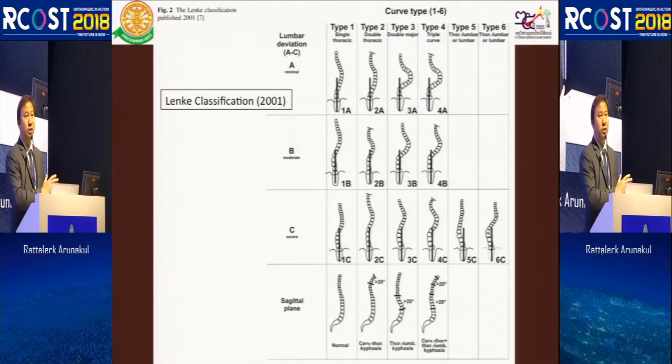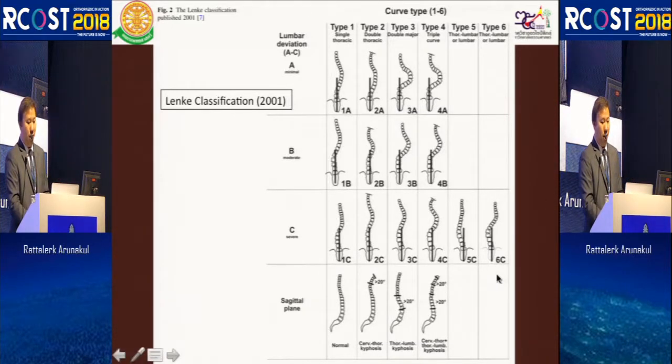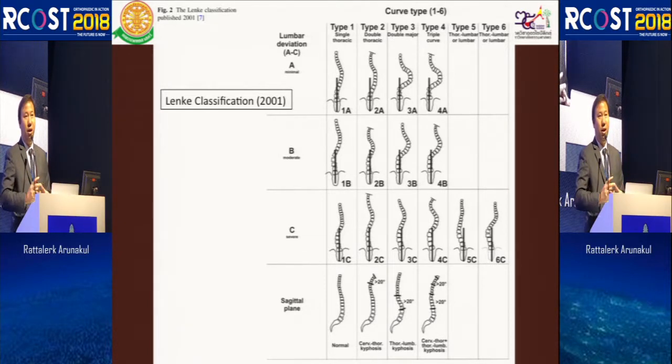You have the main thoracic, upper thoracic, and thoracolumbar/lumbar curves. They then use the sagittal profile in the classification, and also the lumbar modifier, which is how far the apex of the lumbar curve goes from the center sacral vertical line.